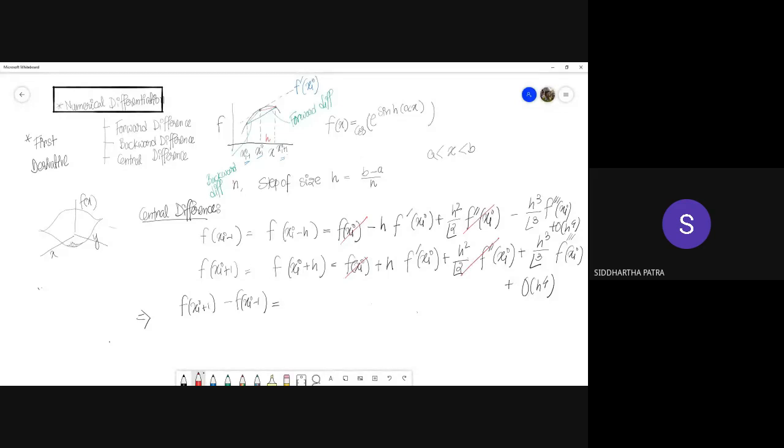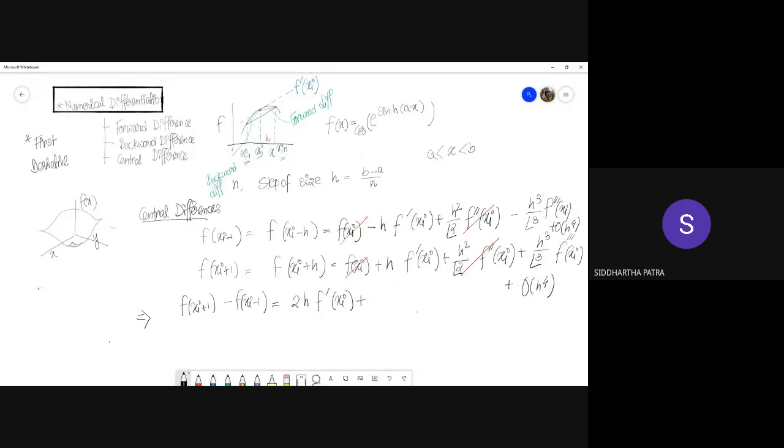Remember, we are taking the difference between f of xi plus 1 and f of xi minus 1. So the first term that we get is twice h f prime of xi. But you see, the h cube terms do not cancel each other.